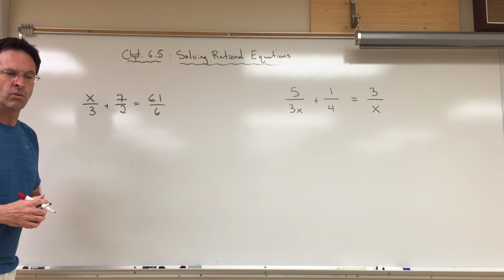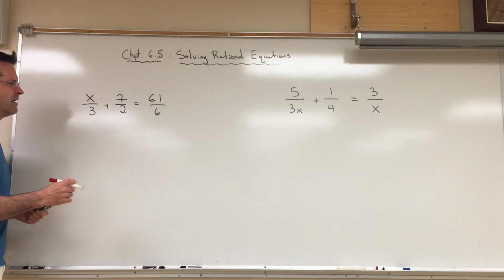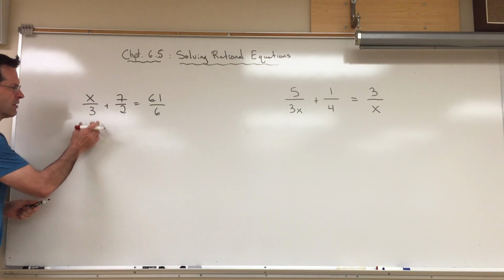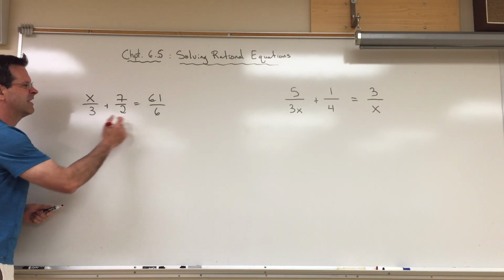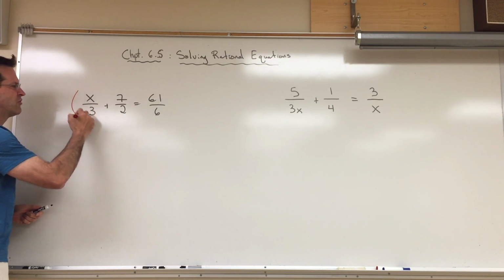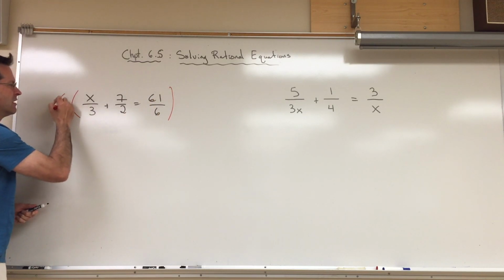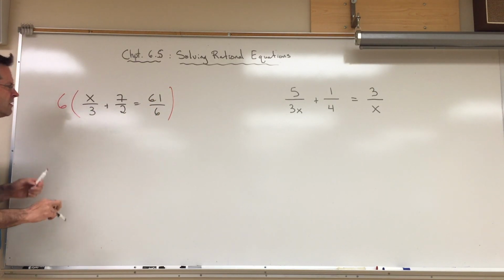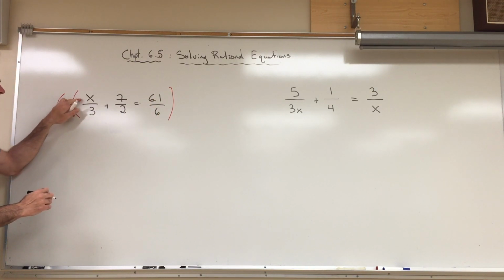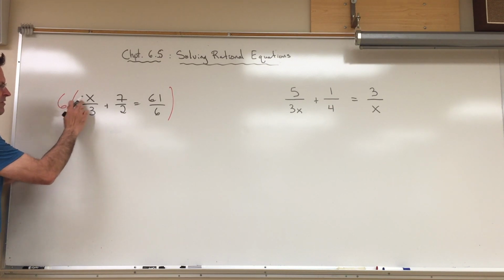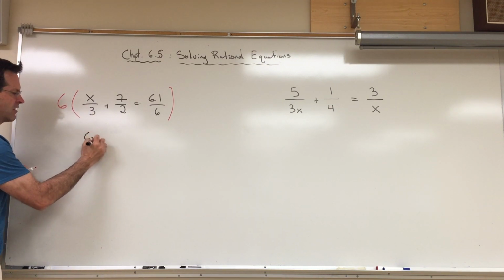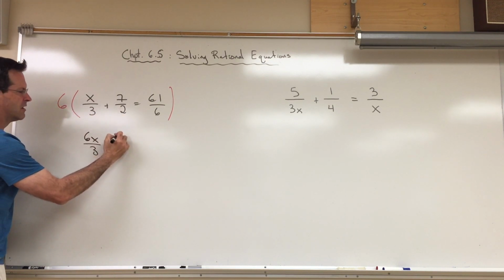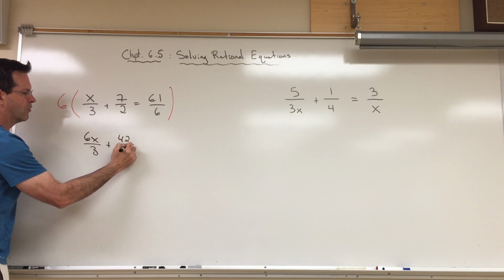So, we can start by identifying the lowest common denominator between 3, 2, and 6. It's 6. We're going to multiply each term in this equation, the numerator, by the LCD. So 6 times 6x, that's 6x over 3, plus 6 times 7, that's 42 over 2.